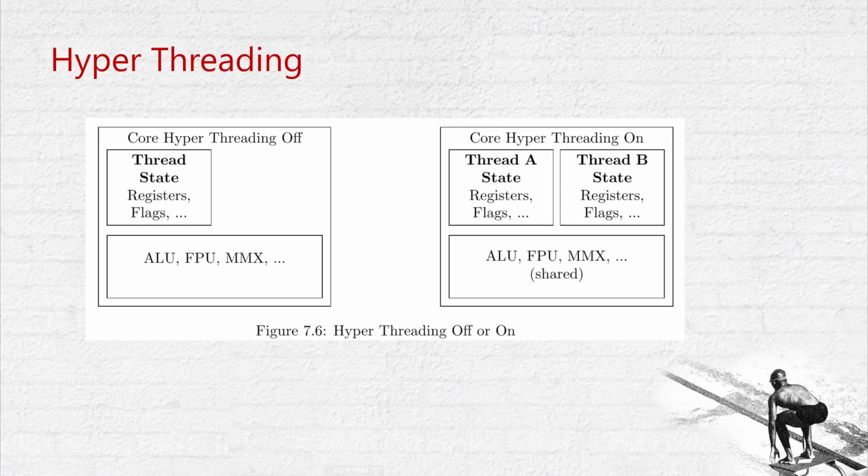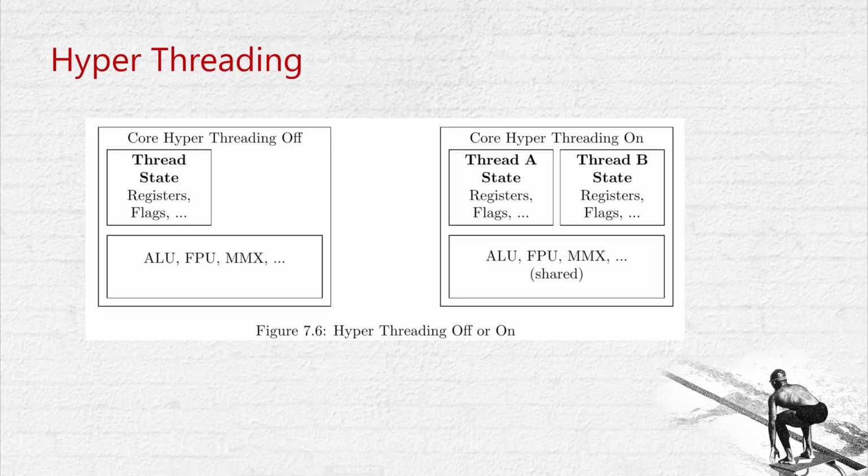If thread B at the same time runs a different thread and needs the floating point unit, it can use it independently, which is great. The problem comes if both thread A and B want to use the floating point unit at the same time, then one has to wait until the other is done.